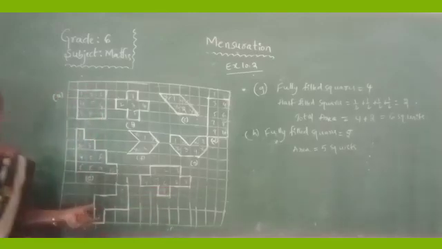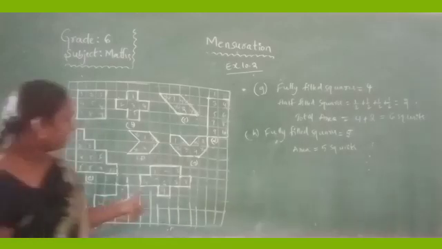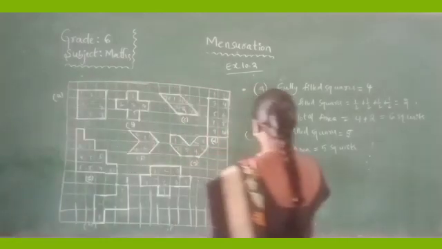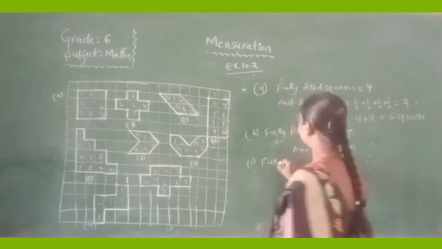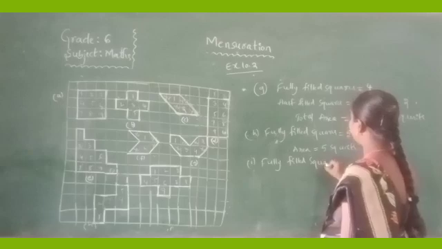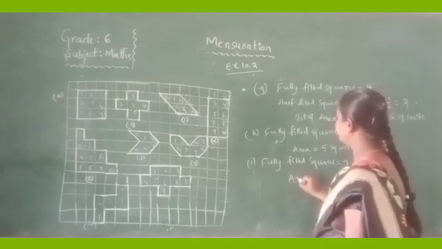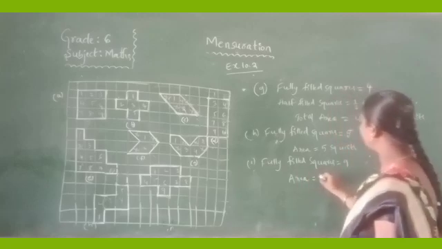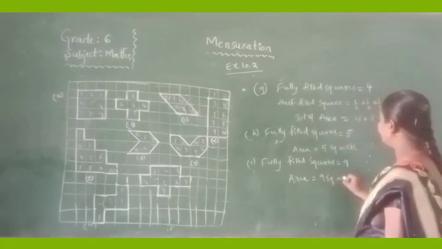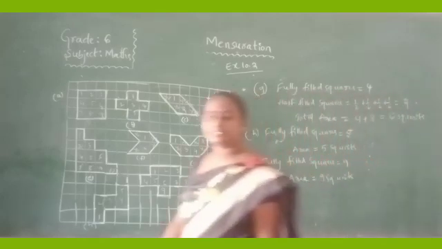So 9 full squares. Fully filled squares are total 9. Then the area is equal to 9 square units. Like this, children.